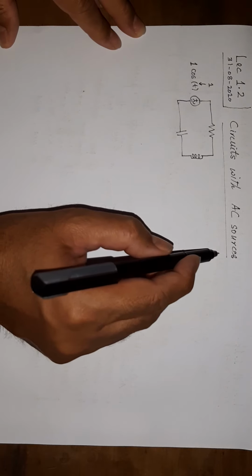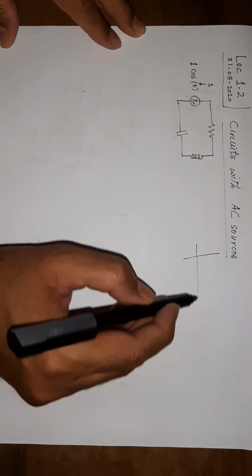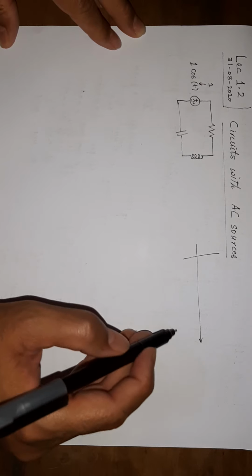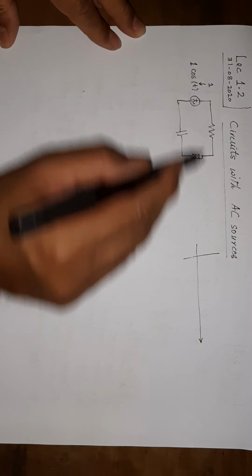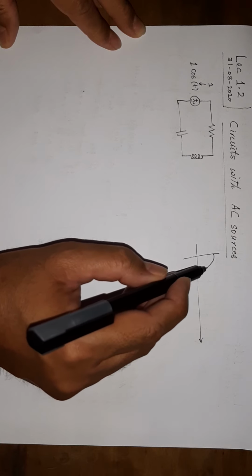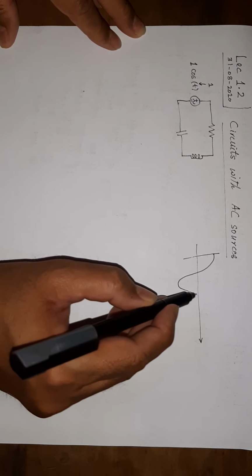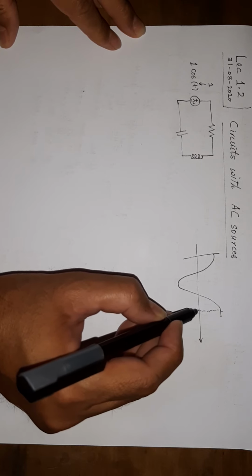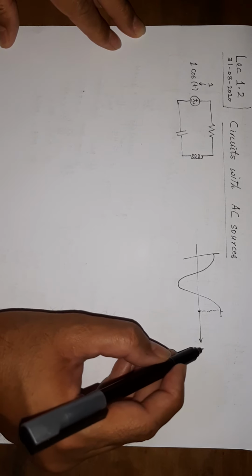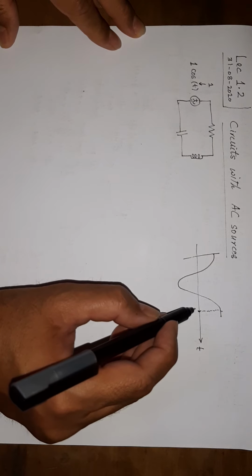So if we again plot it, plotting is a very important tool and skill for an engineer. So you should understand how we plot cos t. Cos starts this way, goes down, comes up, and then repeats itself. So what is this value of time after which it repeats itself?